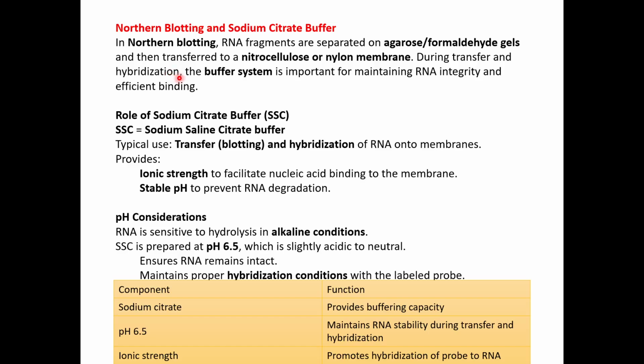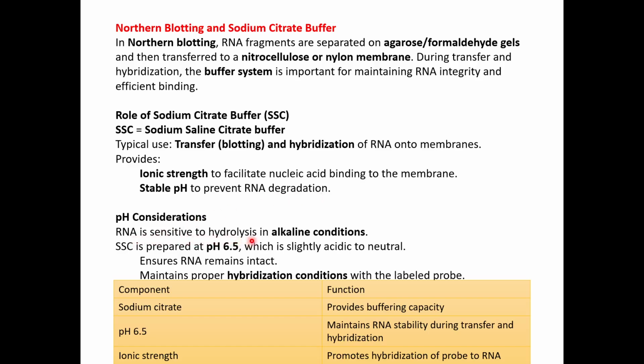During the transfer and hybridization, the buffer system is very important for maintaining the integrity of RNA and efficient binding. So we use sodium citrate buffer typically for transfer blotting and hybridization of RNA onto the membrane because it provides ionic strength to facilitate the nucleic acid binding to the membrane, and it stabilizes the pH to prevent RNA degradation.